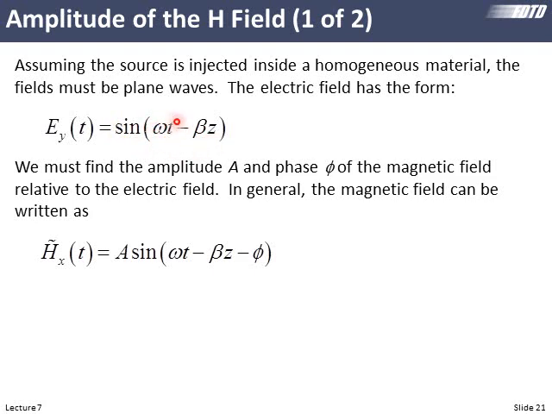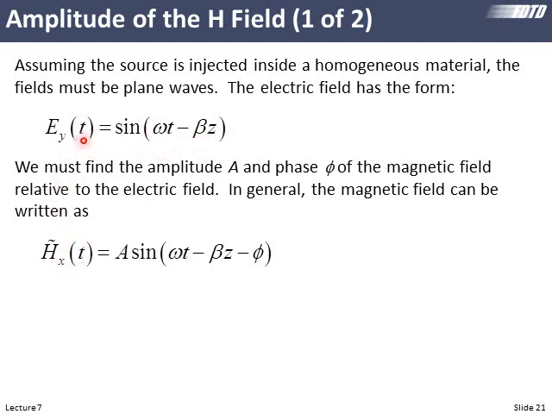This describes oscillations in time, and this describes oscillations in space. So this is our frequency in radians per second, omega. t is time, z is position on the grid, and beta is our propagation constant. So beta very much takes the role of omega, but omega is a time frequency, beta is more of a space frequency.